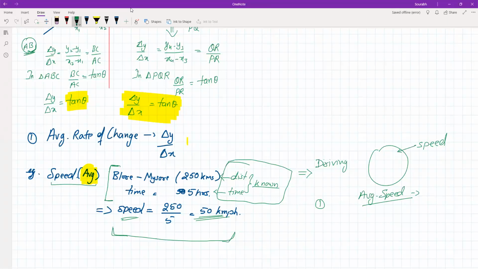Second, suppose you are very brilliant and somehow you manage to find the average speed. But while driving, that average speed is not useful. In fact, in this case, that is dangerous. Suppose your current speed is something which you don't know, but you are trying to overtake a truck which is driving at 100 kilometers per hour, but your intelligent speedometer has shown you that your average speed is going to be 50 kilometers per hour.